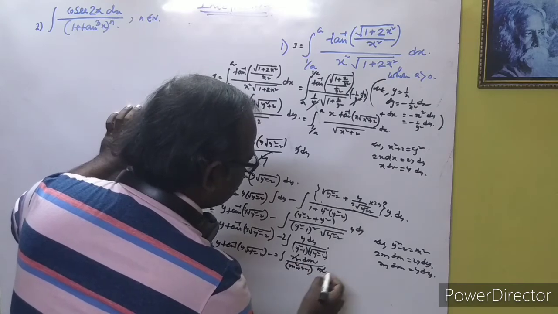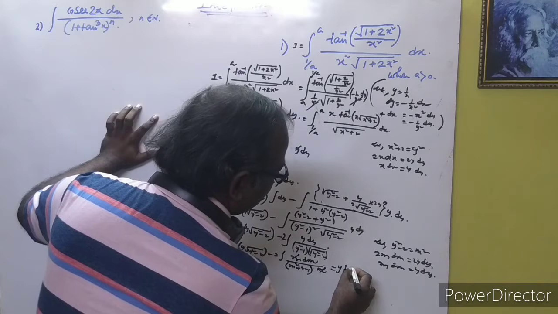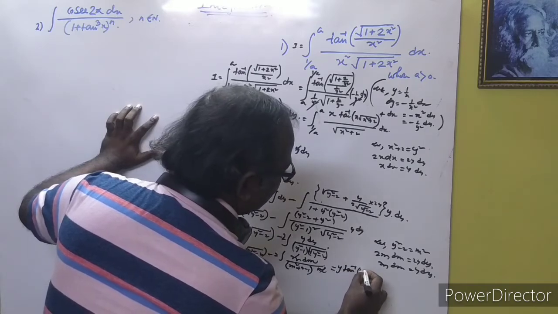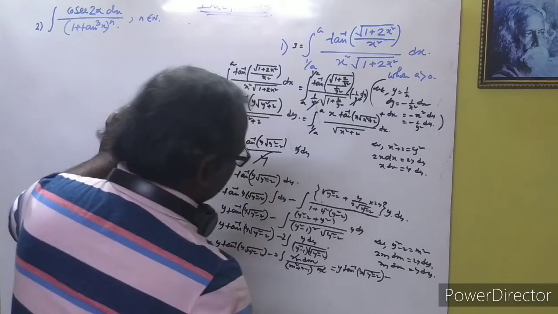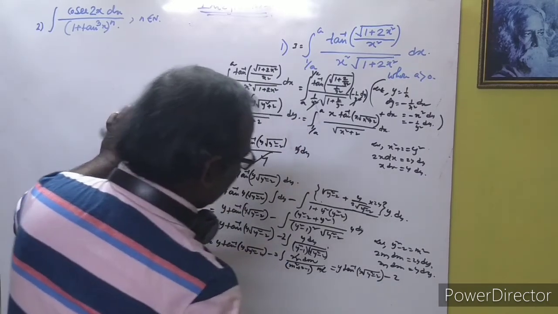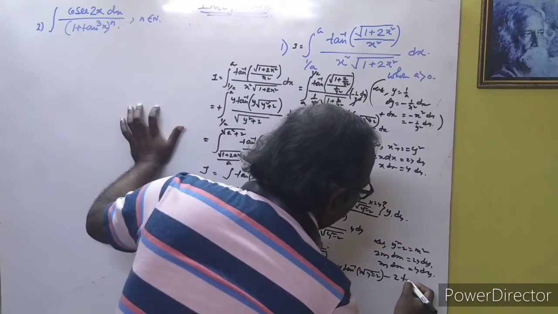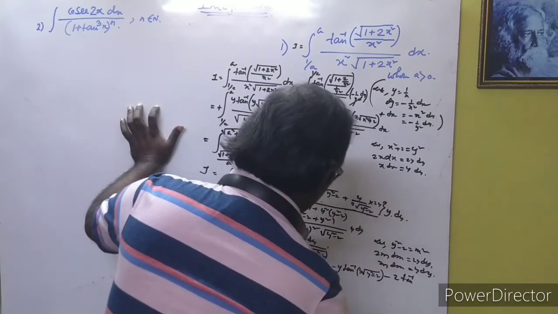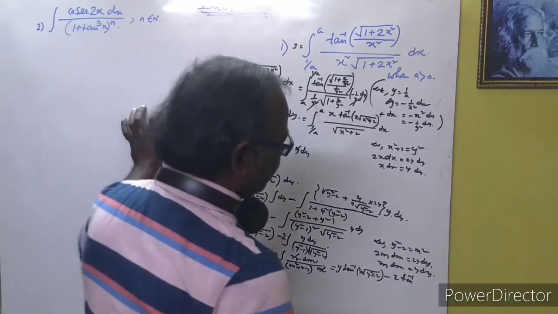So the m's are cancelled, and this is y into tan inverse y into root over y square minus 2, minus 2 here, dm by m square plus 1, that is tan inverse m.